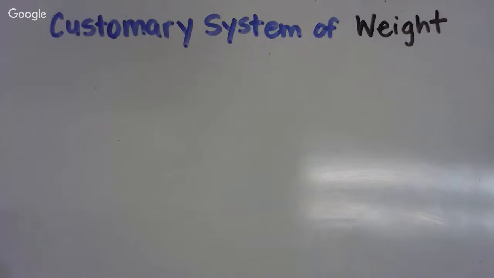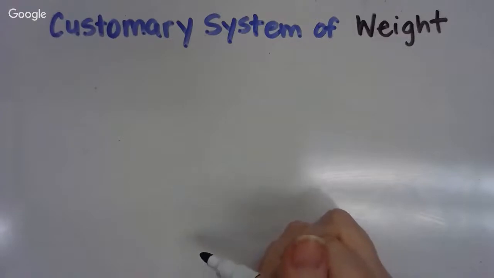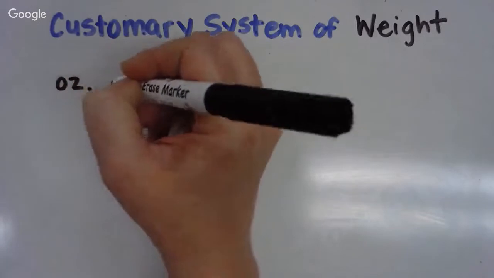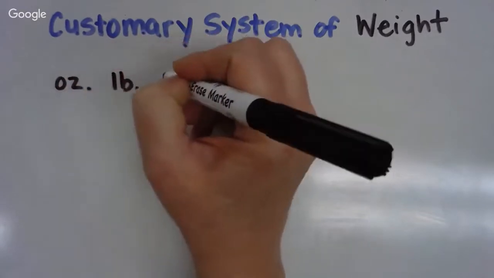Okay, now that you've had a minute to try to create that chart, let's see how you did with utilizing what we've practiced in class to create that chart. We know the very first thing to do when you're creating your charts is to record your units from least to greatest.